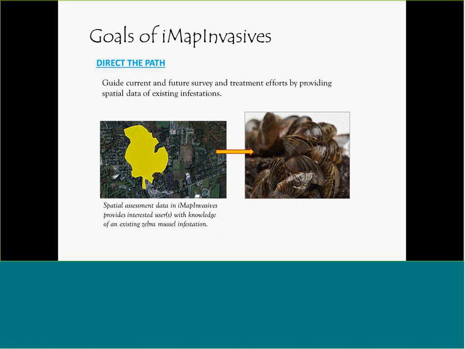This is an assessment polygon, and this is taking a user who would go into iMap and find this to say there's already an infestation here, and I'm just hypothetically speaking that maybe this is for zebra mussels. And so you would know going into that area that zebra mussels were here, here is the extent of their infestation, and that's something to keep in mind for your own management efforts to help to guide and to plan them more appropriately.